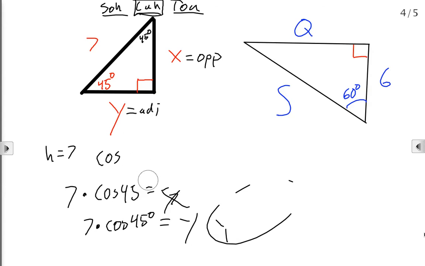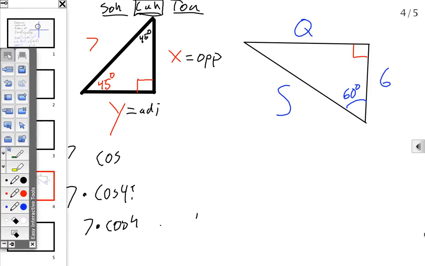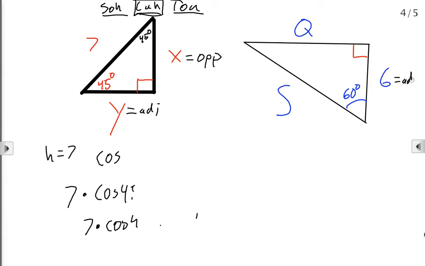So here, we need to look at where our angle is. Our 60-degree angle is in the bottom right corner. So this is the angle 6. This is a side that's close, so this is adjacent. Q is all the way across the triangle, so this is opposite. And then this longest side is always the hypotenuse.